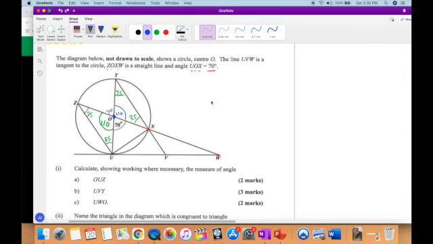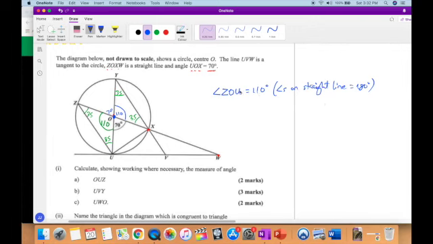So what you had to do is say how you're going to get your 2 marks. You're going to say angle ZOU equals 110 degrees because angles on a straight line equal 180 degrees. So that is 1 mark you get there.